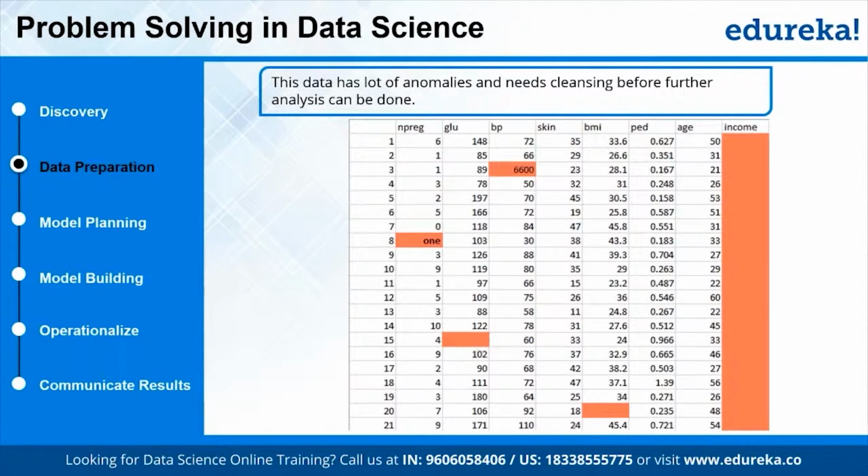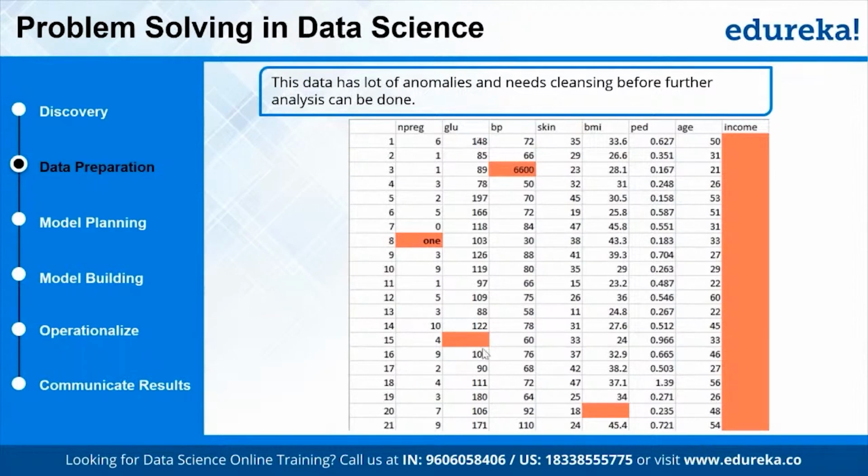There are different ways: some would take the mean of all the values and put it here, someone would take the median of all the values and put it here. Now, this is your job as a data scientist to check whether you are getting the proper result with mean or with median.